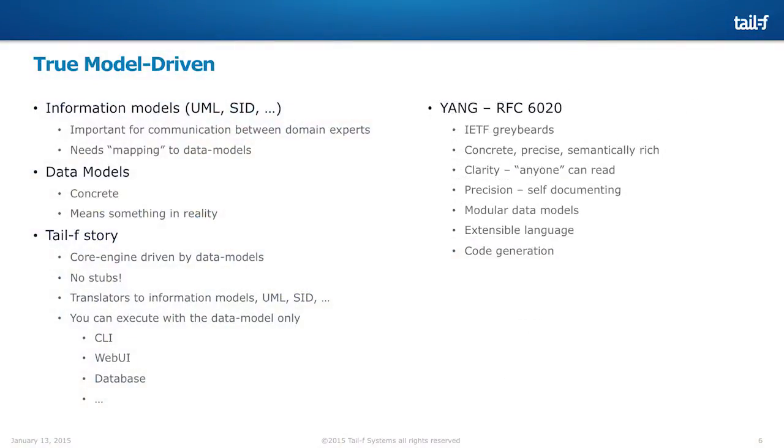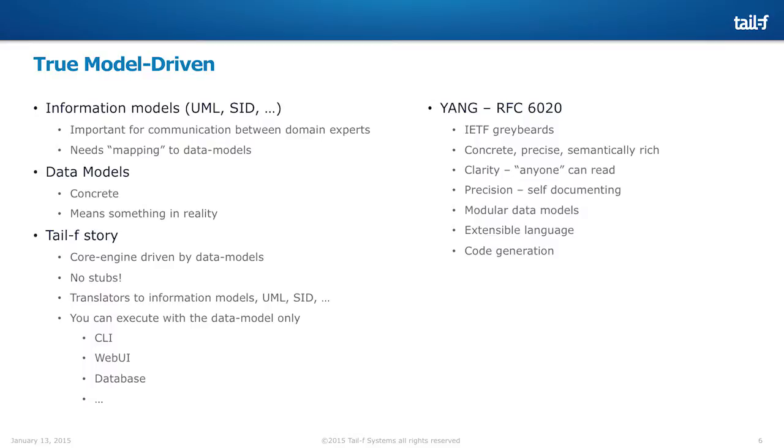There are information models out there, languages such as SID or UML. These are important for communication between domain experts. However, those still need mapping to the actual data models. The data model is concrete. It actually describes the organization of the data, the types of the data, the relationships between the data.